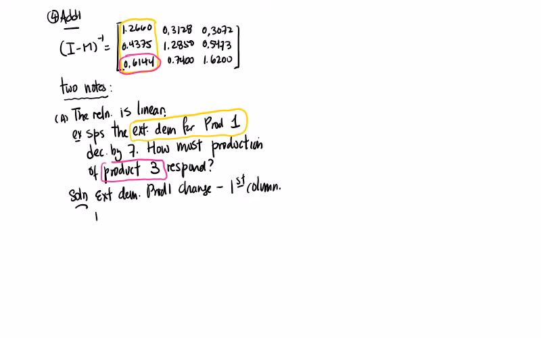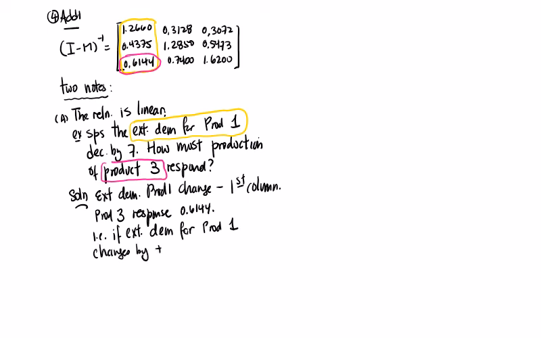So the product 3 response is 0.6144. Keep in mind what that number means: if the external demand for product 1 changes by +1, then product 3 must change by +0.6144.